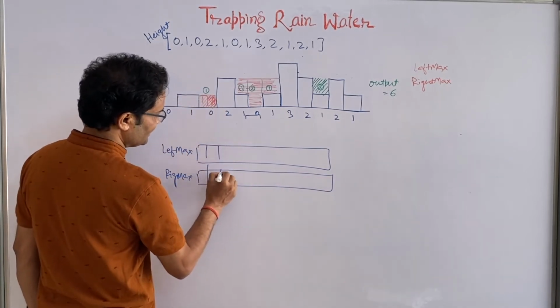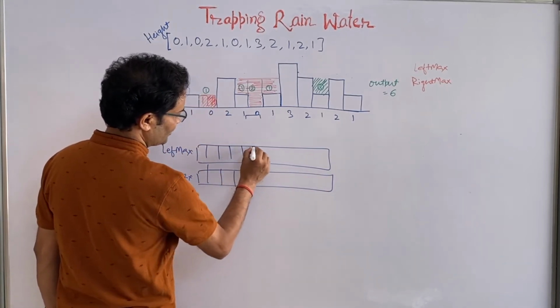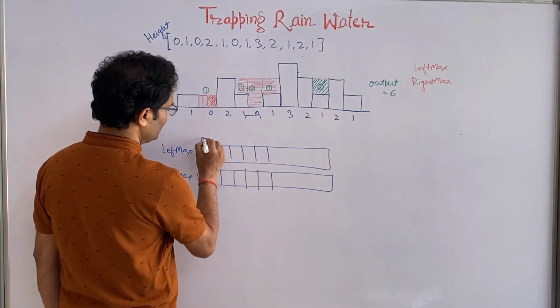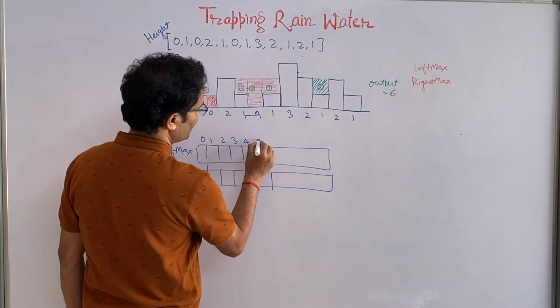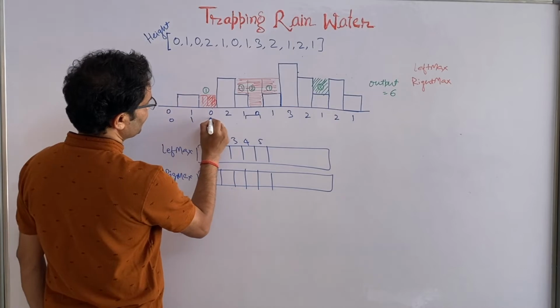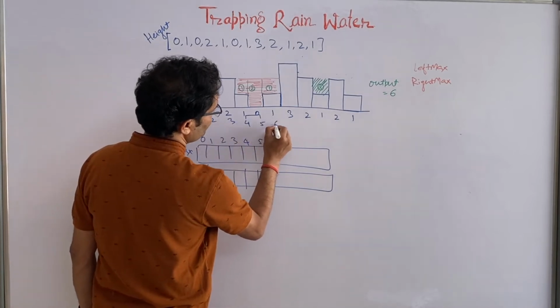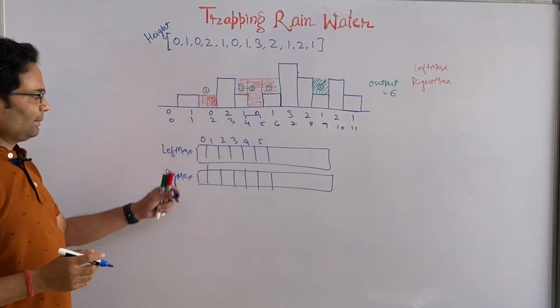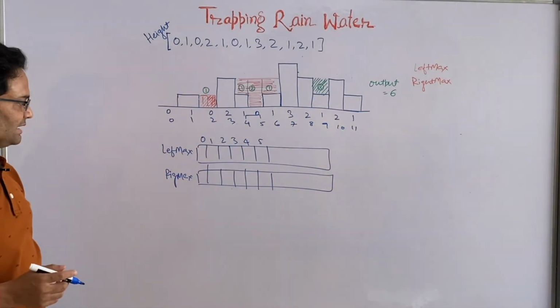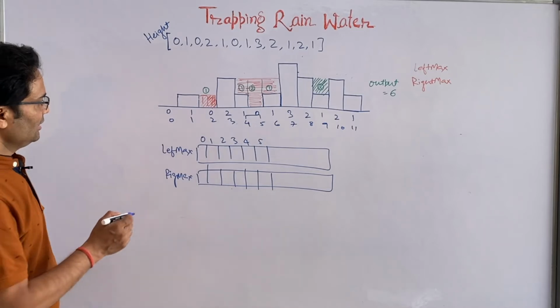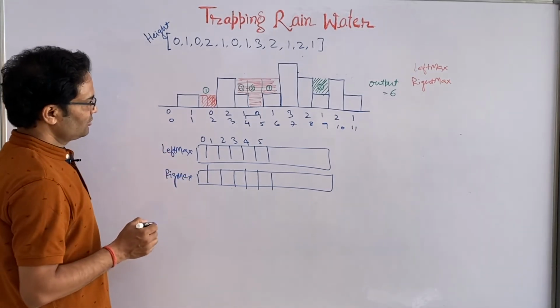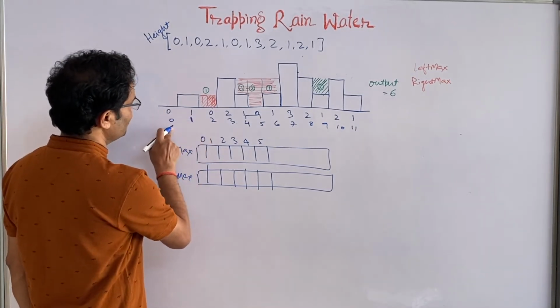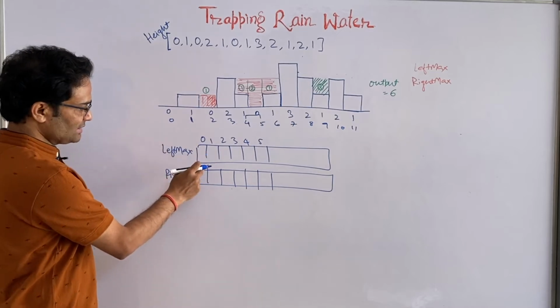For each index you have to find it out: index 0, 2, 3, 4, 5. Here you can see this is the index, right? In the same way you create two more arrays of the same size: one for left max, one for right max. For each particular index, you capture the left and right.